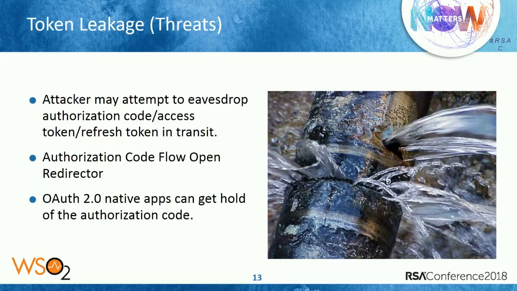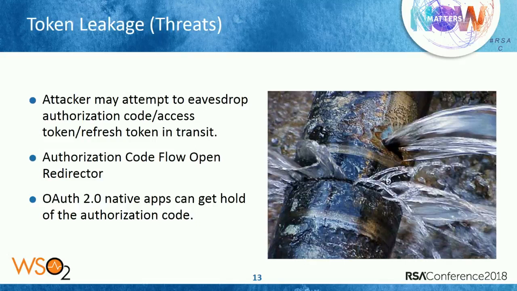But just having the authorization code is not enough. If you are using confidential clients, having a client ID and client secret, you also need to know the client ID and client secret of that particular application to exchange this code for an access token. But the issue with mobile apps is that all instances of the mobile app bake in the same client ID and client secret.